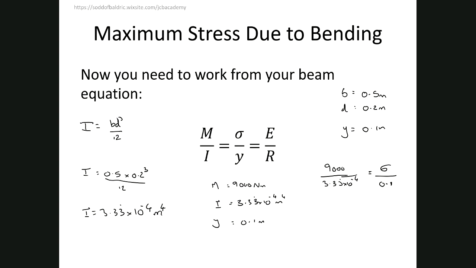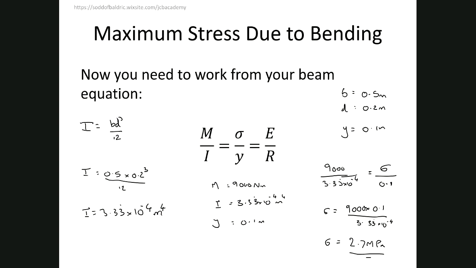Rearranging that gives us that sigma is equal to 9,000 times 0.1 divided by 3.33 recurring times 10 to the minus 4, and our maximum bending stress is equal to 2.7 megapascals.